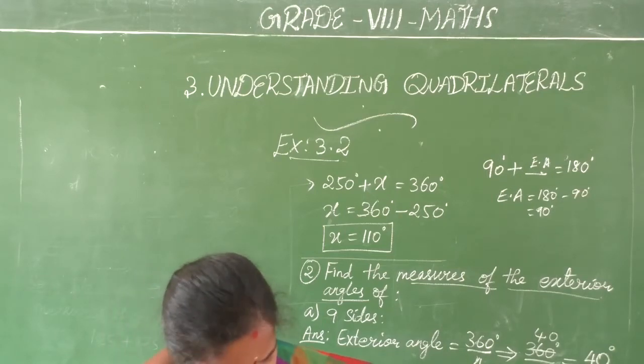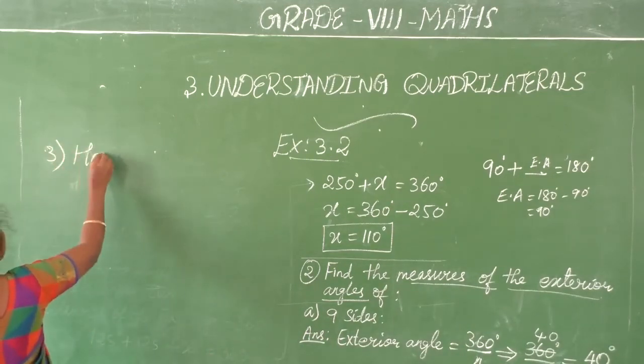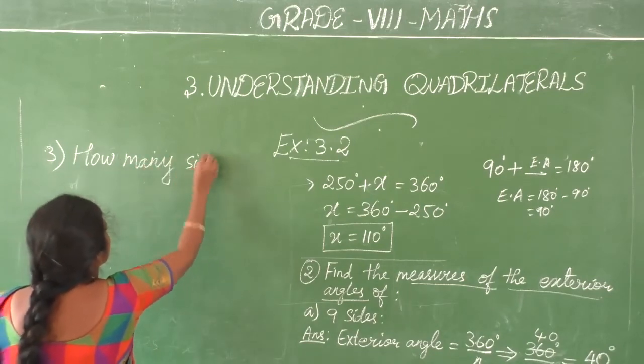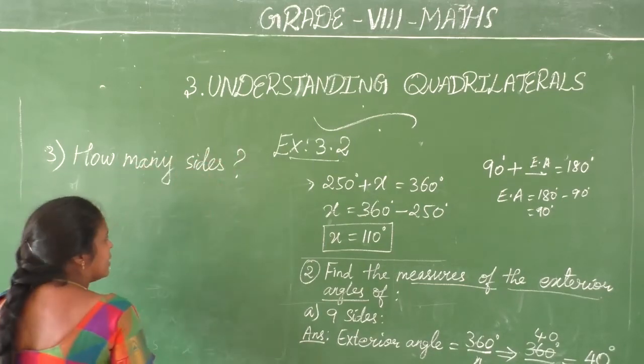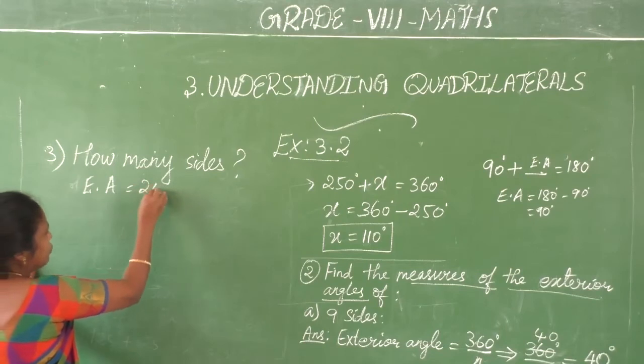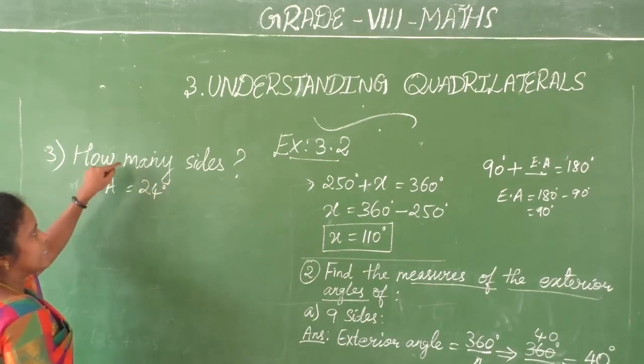See, how many sides? Third question. How many sides does the figure have? Here the number of sides is missing, while the exterior angle is given as 24 degree. Clear? So the exterior angle is given, and they are asking the number of sides.